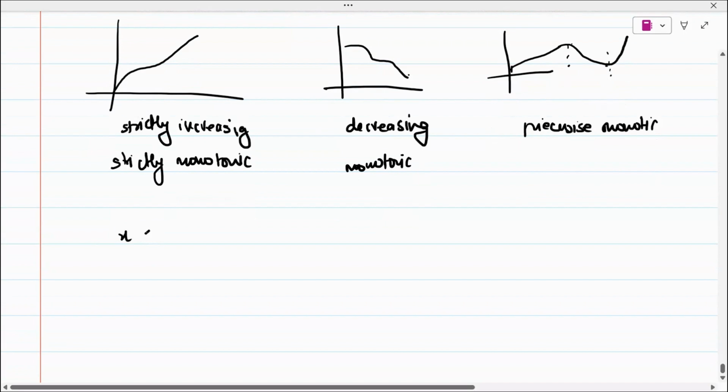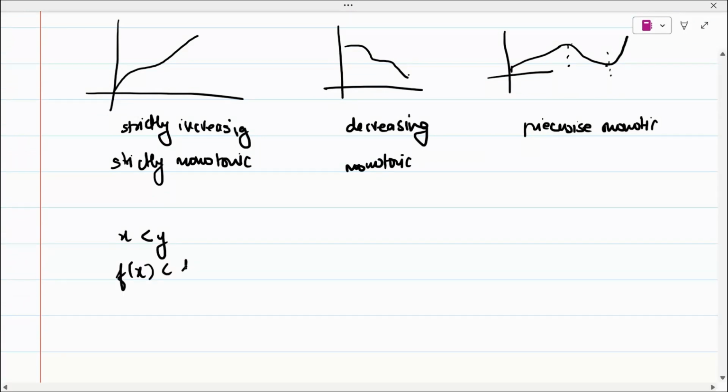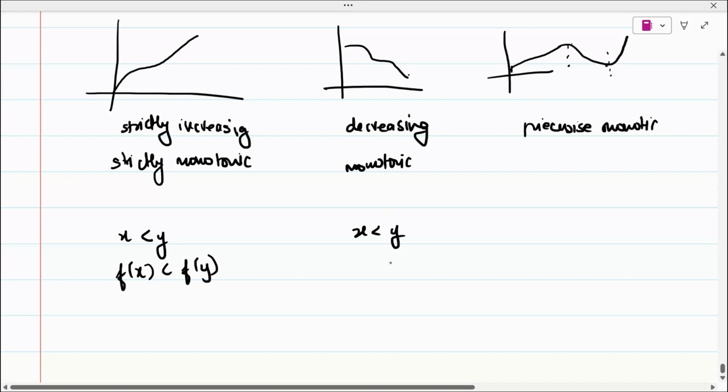Say x is less than y, f is strictly decreasing, so it can be greater.